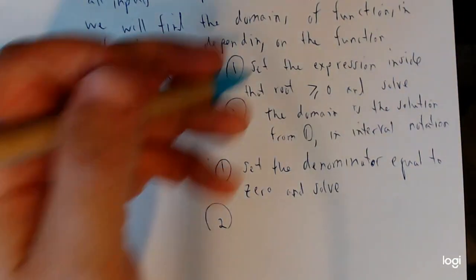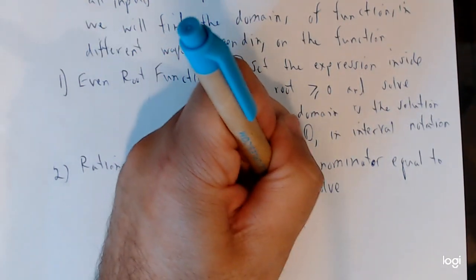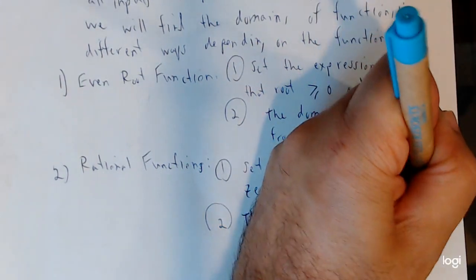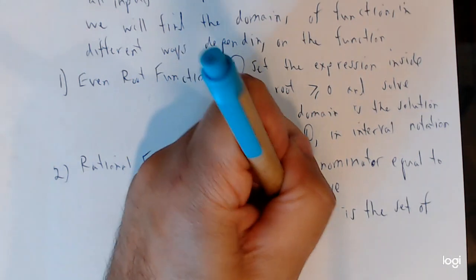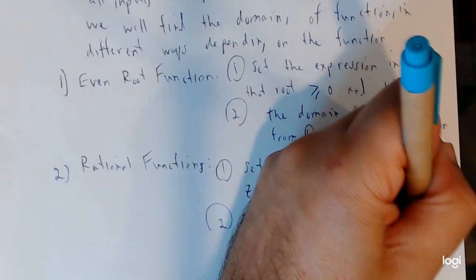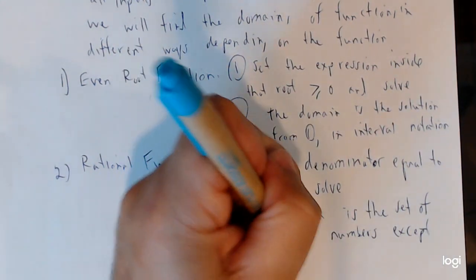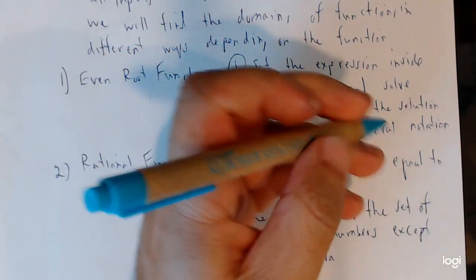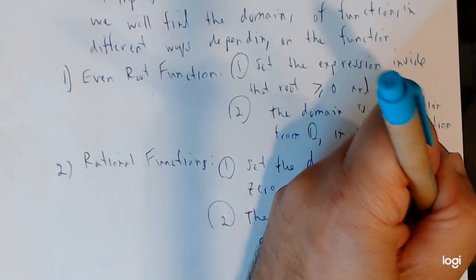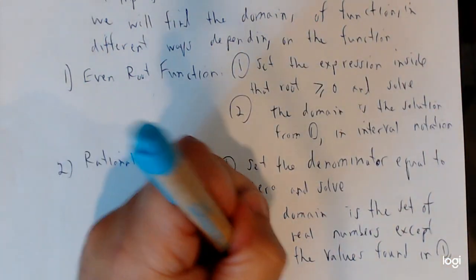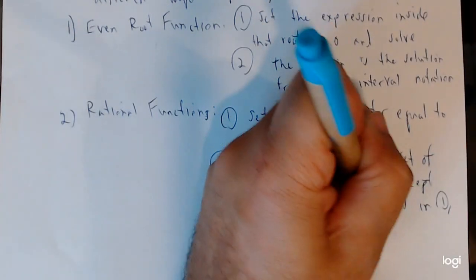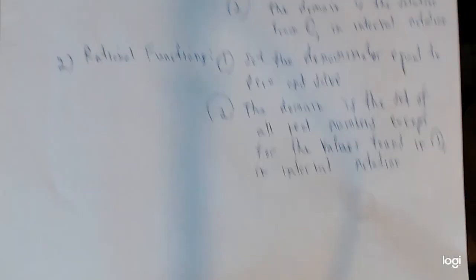Sometimes we might not find any values from step 1. And then this is going to be in interval notation as well. Okay, so let's do our last example and then that'll wrap up the notes here.